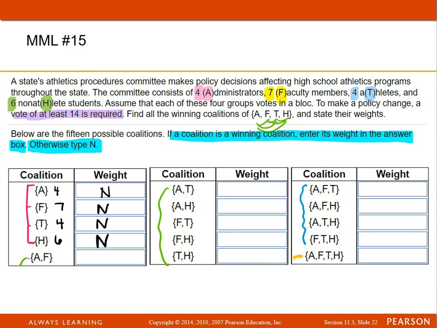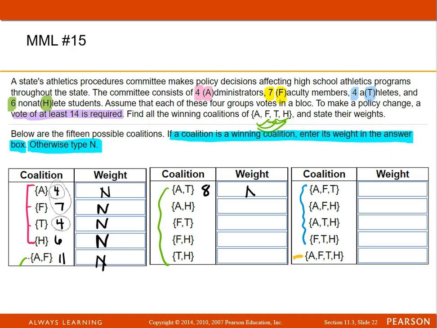Now A and F: here's A and F, 4 and 7. That adds up to 11, and that's not enough. Then you've got A and T, 4 and 4, that only adds up to 8.